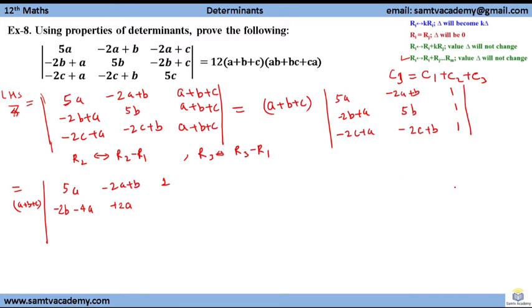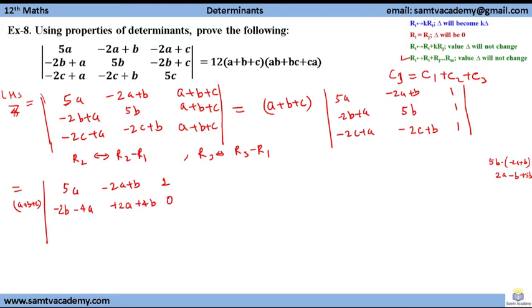One second, I will do it here so it will be easy to understand. 5b minus r1. r1 is what? This minus 2a plus b, so this will be plus 2a minus b plus 5b, so plus 4a. So it will be plus 4b, and this will be 0.